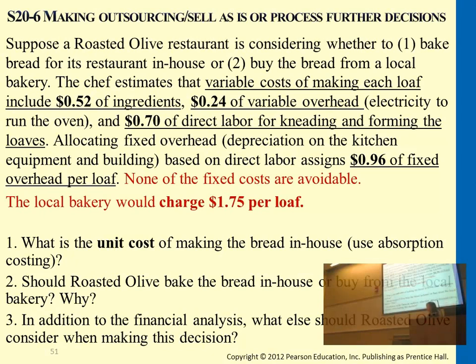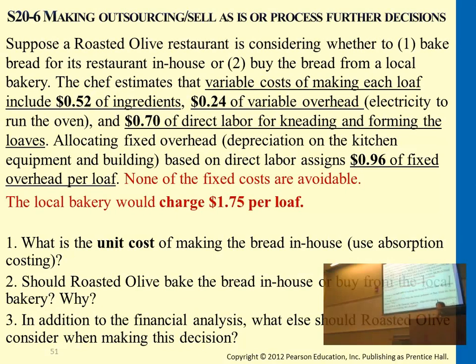What about outsourcing? You're paying $1.75 and also fixed cost, right? Because none of the fixed costs are avoidable, that 96 cents altogether, if we add it in, would be $2.71.